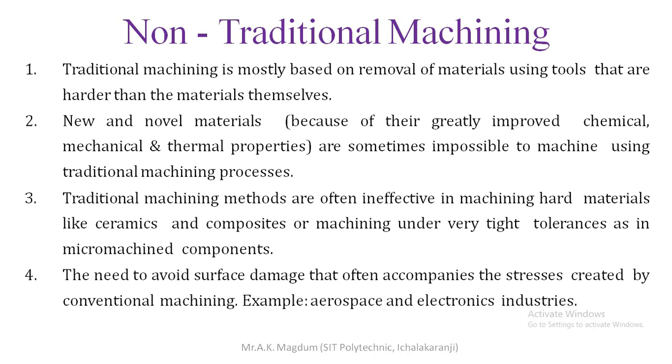Next one is the need to avoid surface damage that often accompanies the stresses created by conventional machining. Example, aerospace and electronics industries. There is the surface damage. Take the best example of a lathe machine: while you carry out the operation on the lathe, the tool comes into contact with the workpiece surface, and there are some wrinkles or scratches created over that surface.